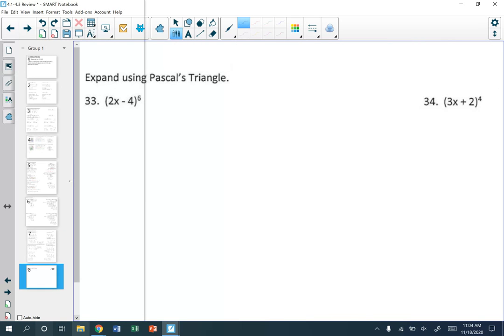Okay, expand using Pascal's triangle. Remember, Pascal's triangle is this. So we told you you have to understand what this pattern is. And then we're going to 6 degrees, so I'm going to go until I reach that, which is this row right here.